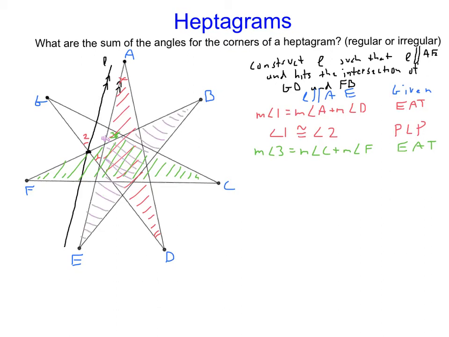Sometimes you do this over multiple diagrams, but for this video I'm just going to use one. Here we have this purple triangle, and this angle up here, little angle 4, is exterior to that purple triangle. This one is also true by the exterior angle theorem, so 4 is B plus E.